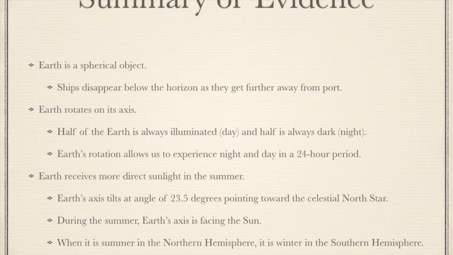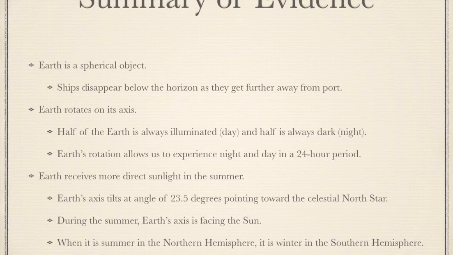Ships appear to fall below the horizon as they get further away from the port because of the curvature of the Earth's surface. Half of the Earth is always illuminated and half is always dark. The illuminated surface is, of course, experiencing day, while the non-illuminated surface is experiencing night. Earth's rotation allows us to experience night and day in a 24-hour period.